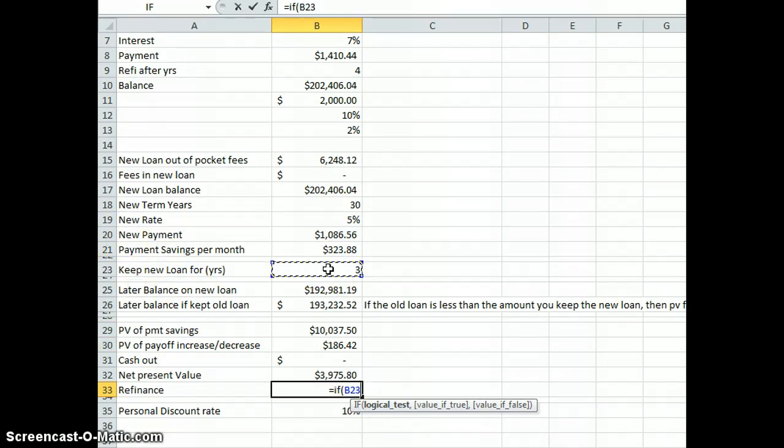Really wasn't too bad. So if the net present value is less than 0, then we're going to put in no, don't do it if it's less than 0.